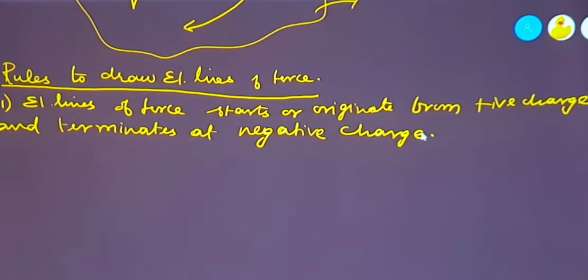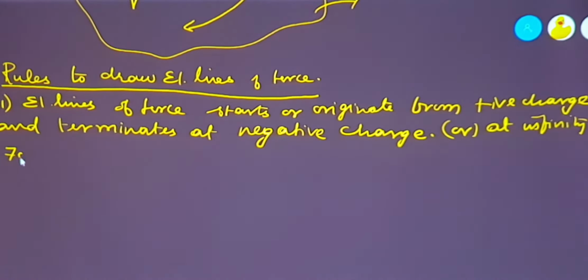Let us take this as the first point. We can also say that the electrical line starts from the positive charge and terminates at the negative charge, or if no negative charge is available, it will terminate at infinity. So the first point is that electrical lines start from the positive point charge and terminate at the negative charge or at infinity.